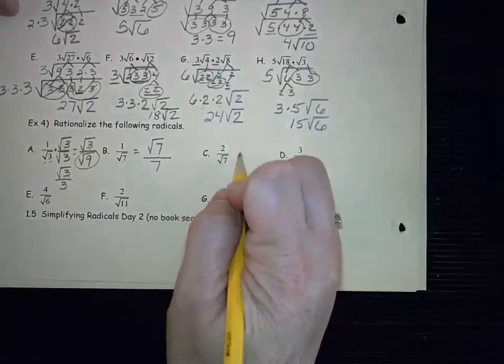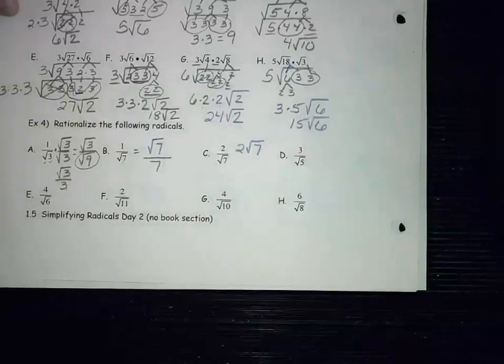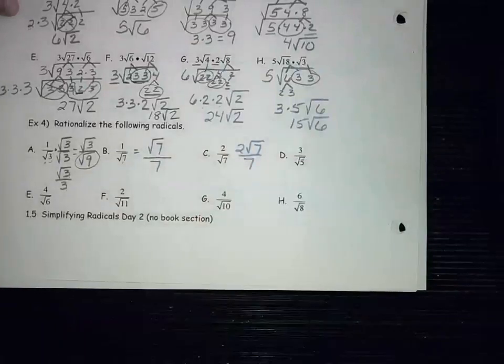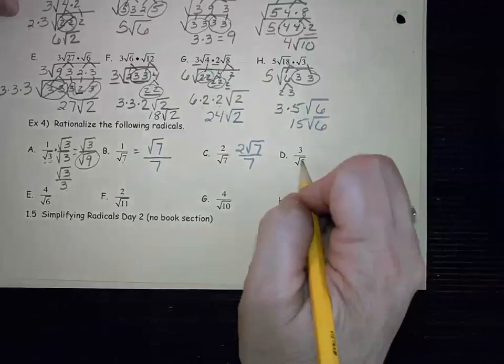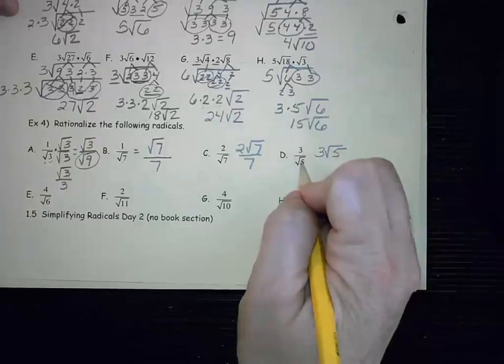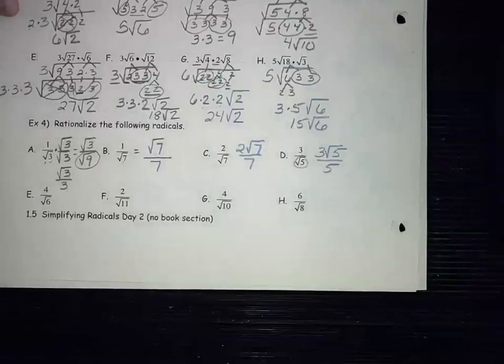This moves to the top of the fraction, so 2 square root of 7, and then this comes outside the square root sign. This moves to the top of the fraction, and then this comes outside the square root sign.